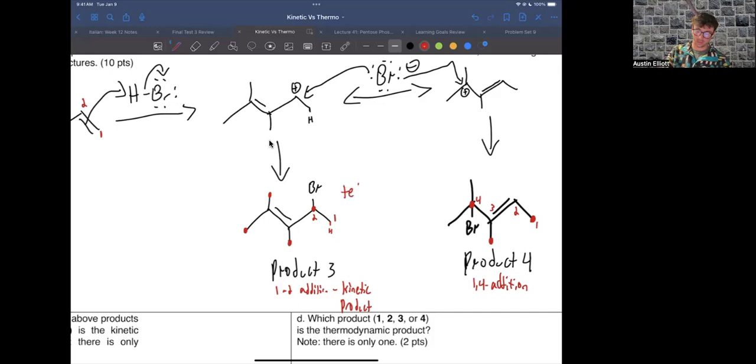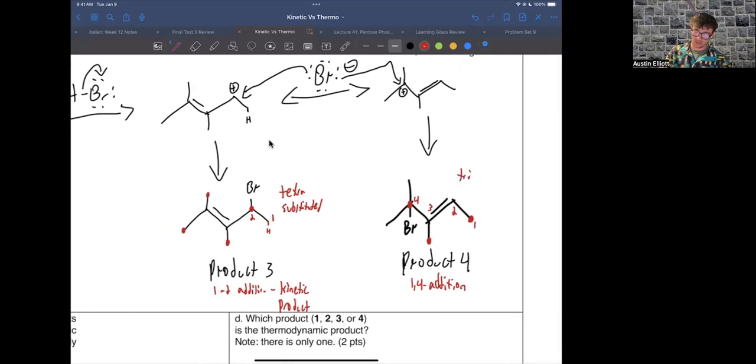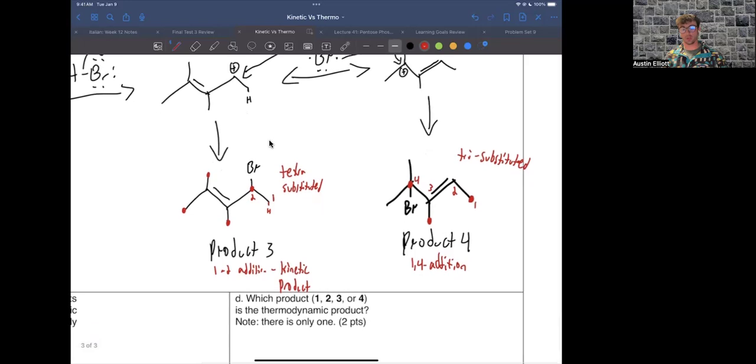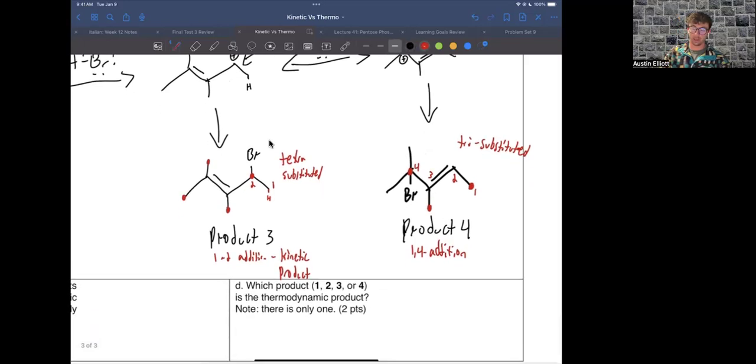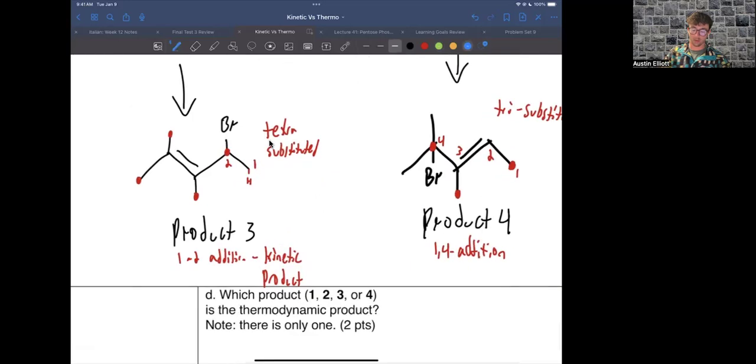So this is tetra substituted, and this is tri substituted. So when we're looking at stability, the tetra substituted is the more stable one. So even though product 4 is our 1-4 addition product, product 3 is actually both our kinetic and our thermodynamic product.